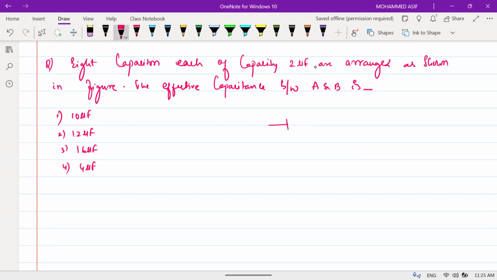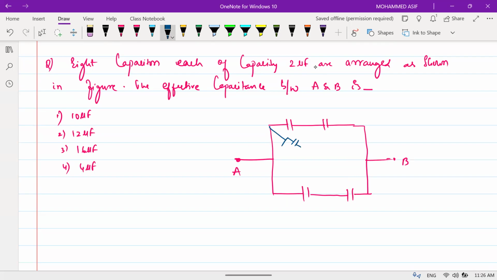So this is the given diagram. This is one capacitor here, this is one capacitor here, and down there is one capacitor here, and there is one capacitor. This is connected to terminal A, and this is connected to terminal B. And between there is one capacitor like this, and there is one more capacitor like this.